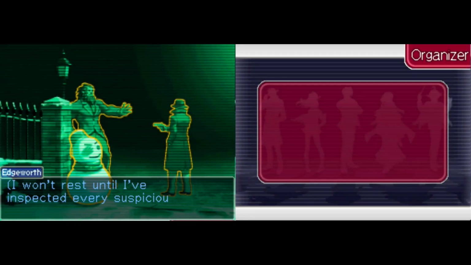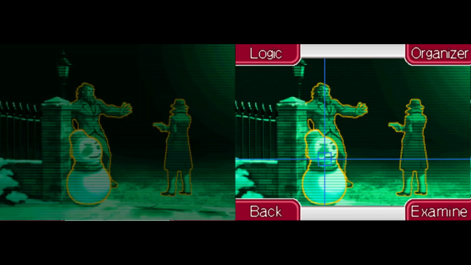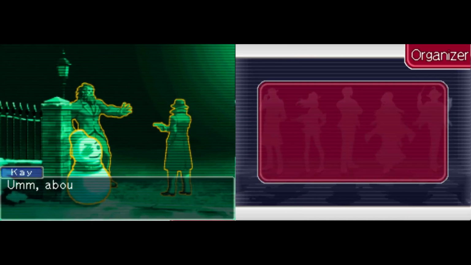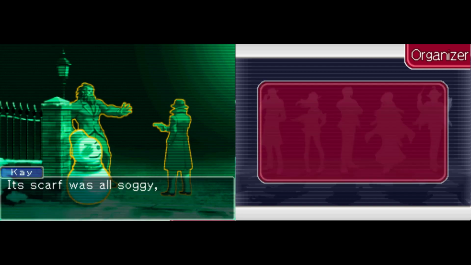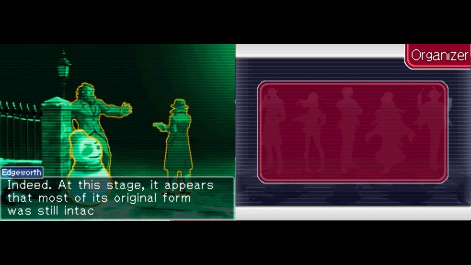I won't rest until I've inspected every suspicious-looking nook and cranny. Okay. About this snowman. When we recreated the scene where Mr. Cameron was killed, it had already melted. Its scarf was all soggy, and one of its button eyes was missing. Indeed, at this stage it appears that most of its original form was still intact.